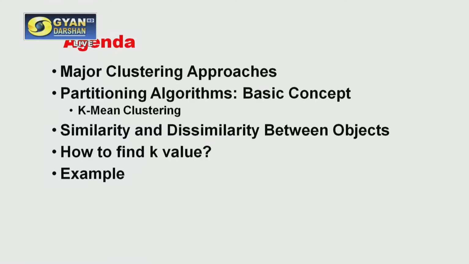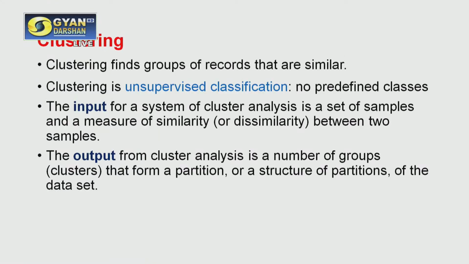Many times the user of clustering techniques may give very random numbers, but in research we find that there are many approaches using which one can easily find what the value of k should be. Then we will see an example if possible.